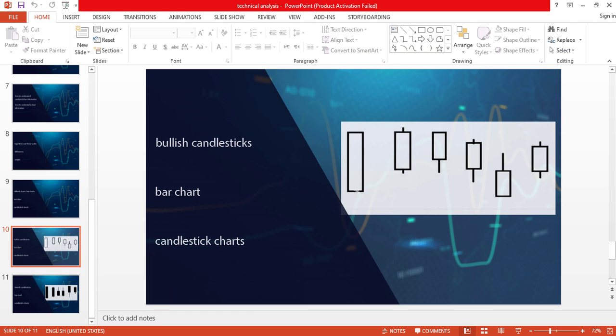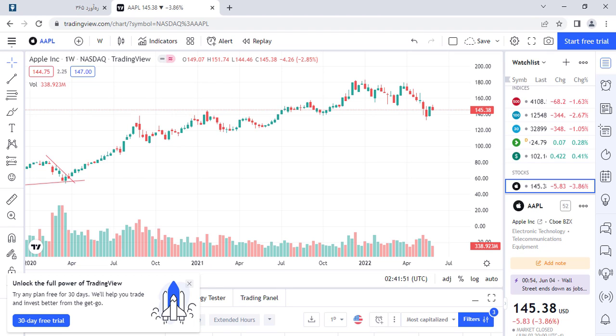Okay, let's talk about another point you need to know. We call the increasing candles bullish candles. All of these candles are bullish candles. All of these green candles are bullish candles.